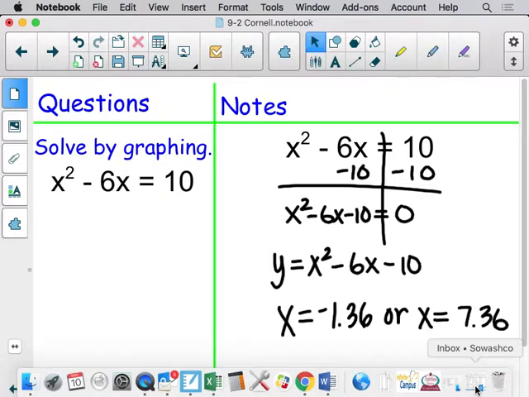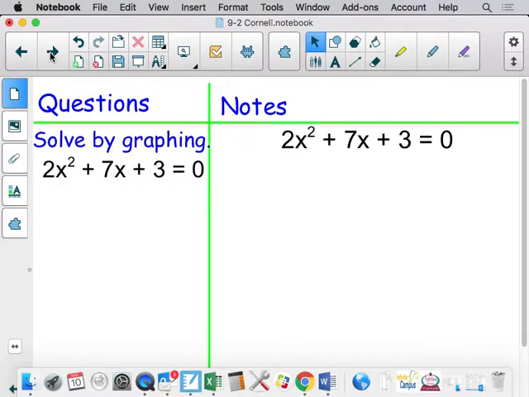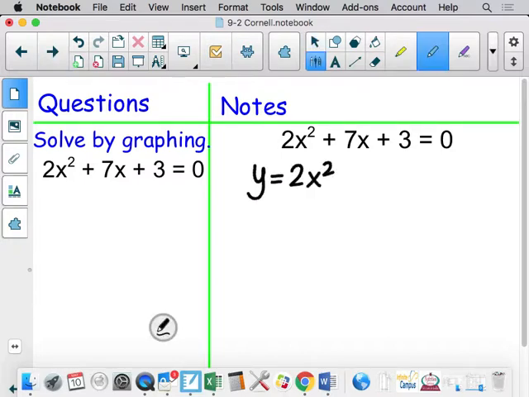So far both of these have had 2 solutions. Next up, 2x squared plus 7x plus 3 equals 0. So y equals 2x squared plus 7x plus 3.